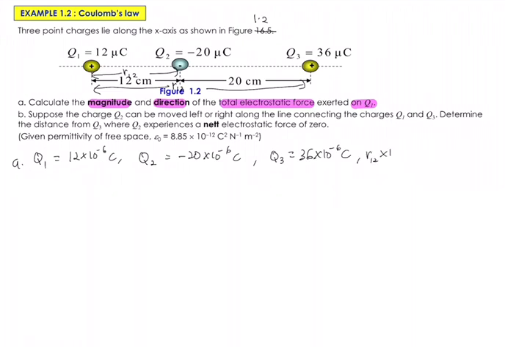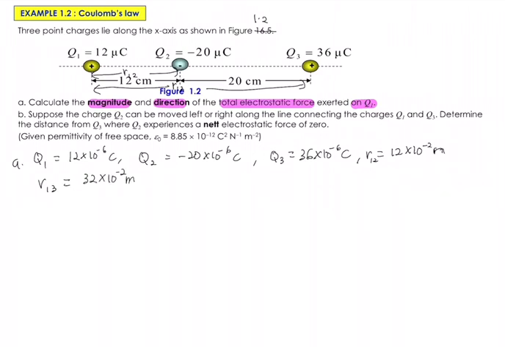R12 is 12 cm. R13 is 12 plus 20 cm, which is 32 cm.